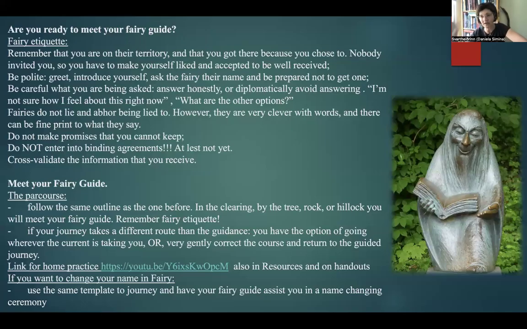So you decide, I don't care about the guidance. I just want to go wherever I feel drawn, wherever my mind takes me, the waves are taking me. Or you have the option to very gently, remember that red triangle, the top of the pyramid, very gently make some course correction and return to the guided journey.